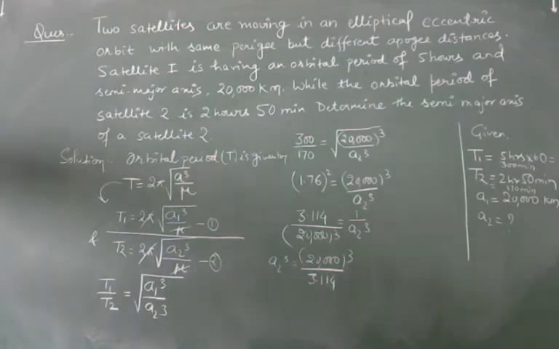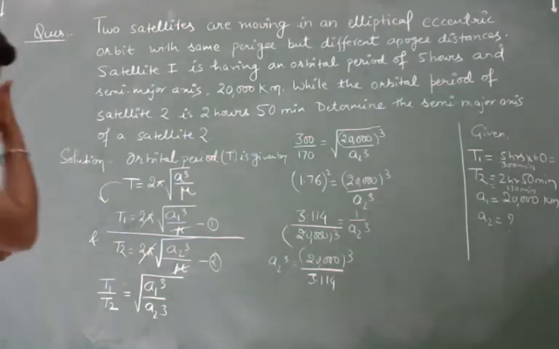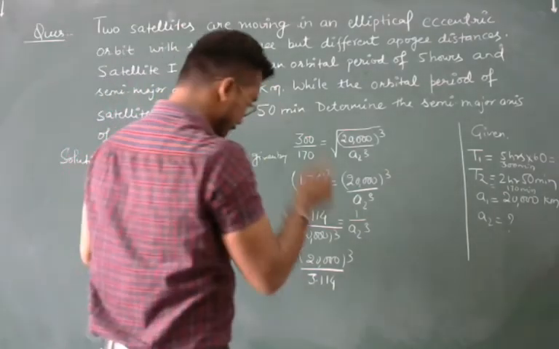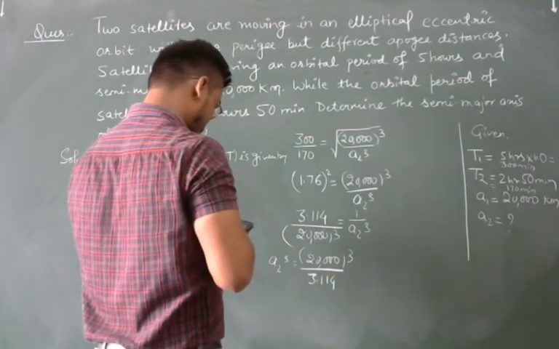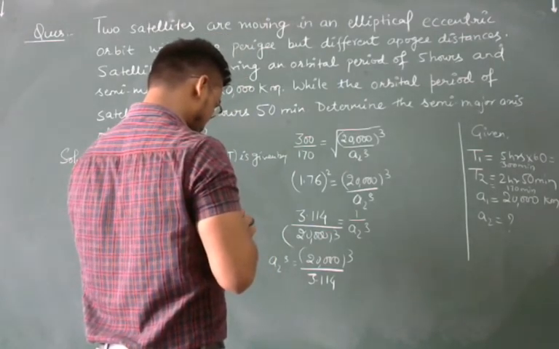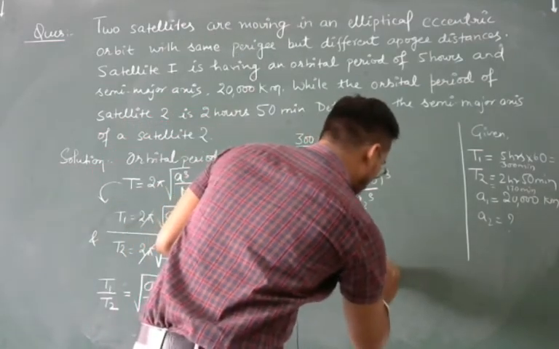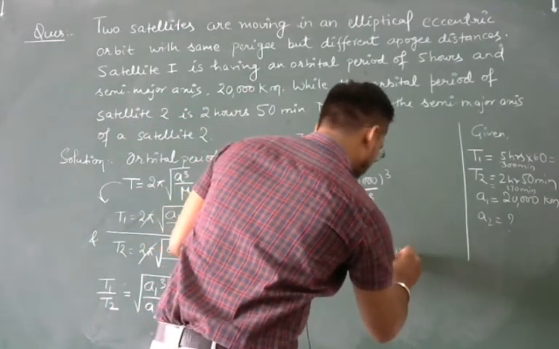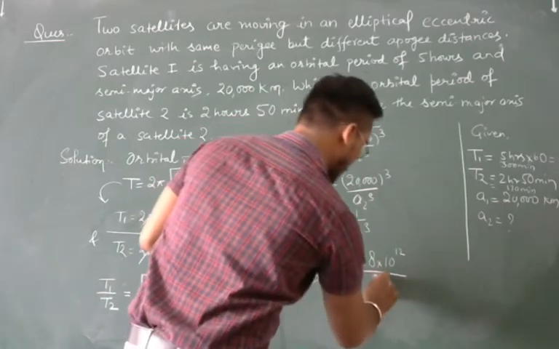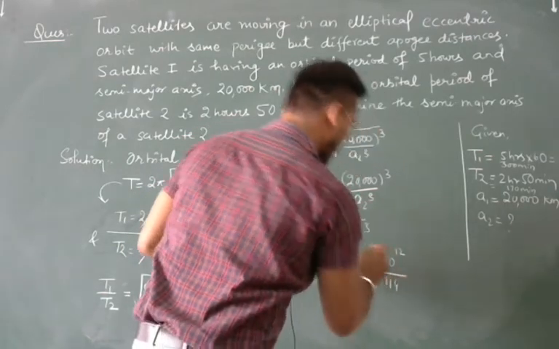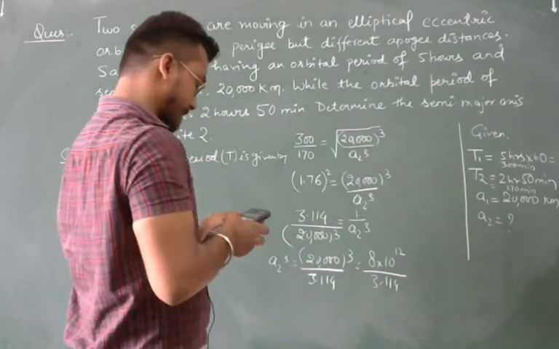So generally, I can write that we have the value 8 into 10 to the power 12 upon this value 3.114. I am directly writing it.